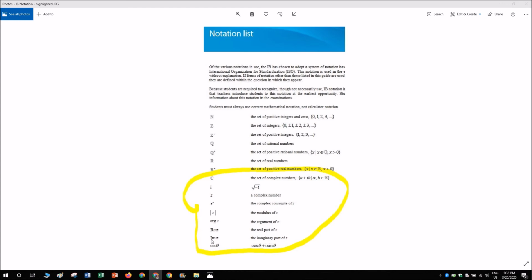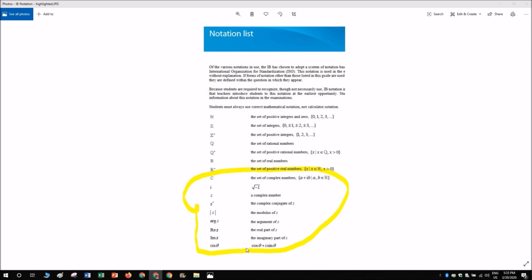So the modulus of z is very similar to absolute value, which is why the symbol looks very similar to absolute value. Modulus is finding the distance that the complex number is away from 0. And of course, in an Argand diagram, 0 is like the origin. So it's kind of like finding how far a point is away from the origin. So basically, the way we find a modulus is like using the distance formula.